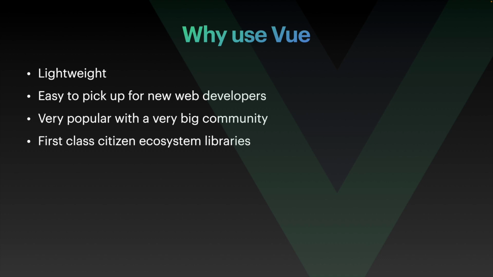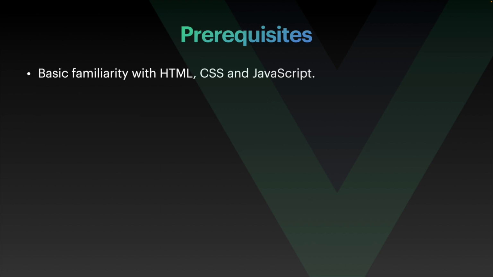You can see that it's not the same team that has worked on both libraries, and that can be annoying. That's where Vue also shines. It gives you first-class citizens for the ecosystem of libraries that you will be using, and with state management and routing, those are the most important ones. So you must know at least HTML, CSS, and JavaScript to get started with Vue, otherwise you won't feel comfortable with it. So without any further ado, let's just get started.